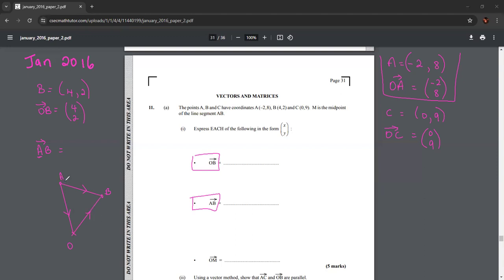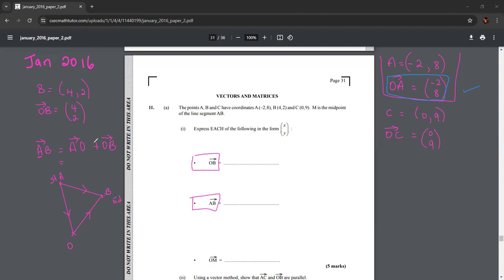Notice the direction. So in order to start from A and end at B, I'm going to go a long way around. I'm going to move from A to O, and then we're going to add from O to B. I don't know what AO is, but we know what OA is.